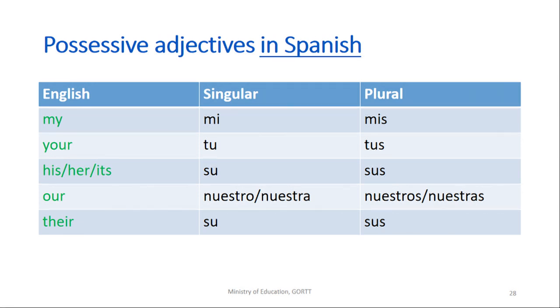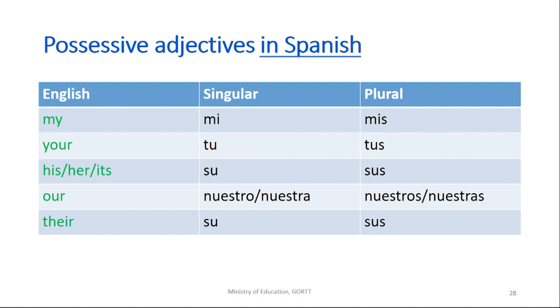Now, let's look at the words for our. This one is a little bit different. For masculine singular nouns, for the word our, we say nuestro. For feminine singular nouns, we say nuestra. For nouns that are masculine and plural, we say nuestros.